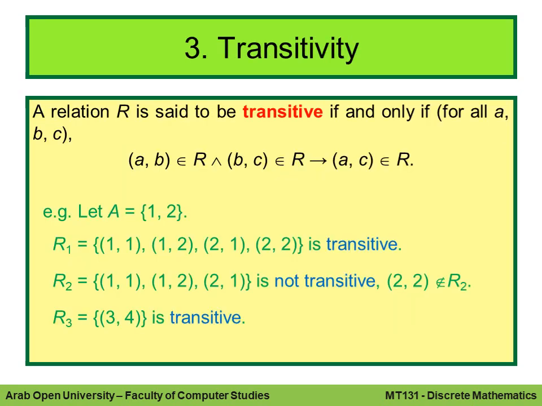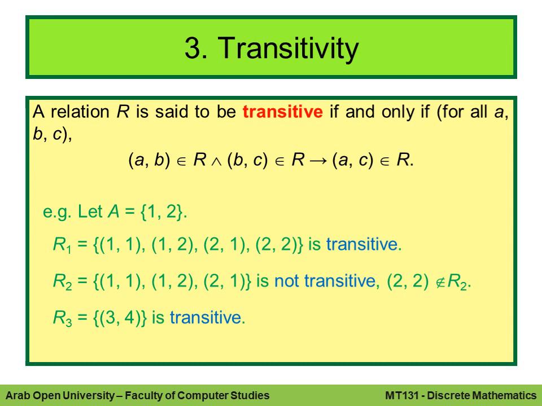The third property for relations is called transitive. You say a relation is transitive if and only if for all a, b, c, if a is related to b and b is related to c, then a must be related to c. This is called the transitive relation.